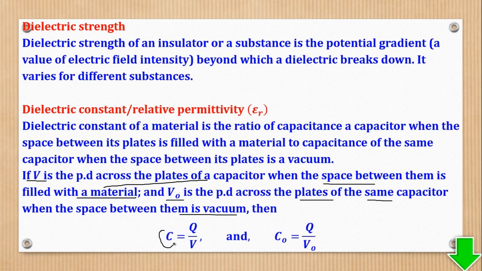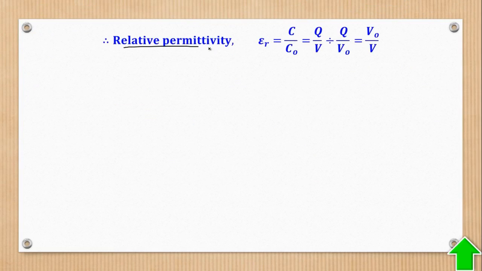So C is the capacitance when there is a dielectric, and C naught is the capacitance when there is no dielectric. Therefore, relative permittivity from the definition is C over C naught, and when I substitute for C and C naught, I come up with V naught over V.